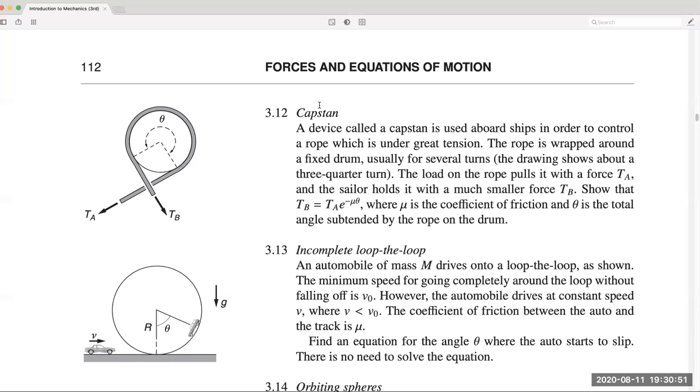Oh, this is an equilibrium, right? Yes, this is in equilibrium.